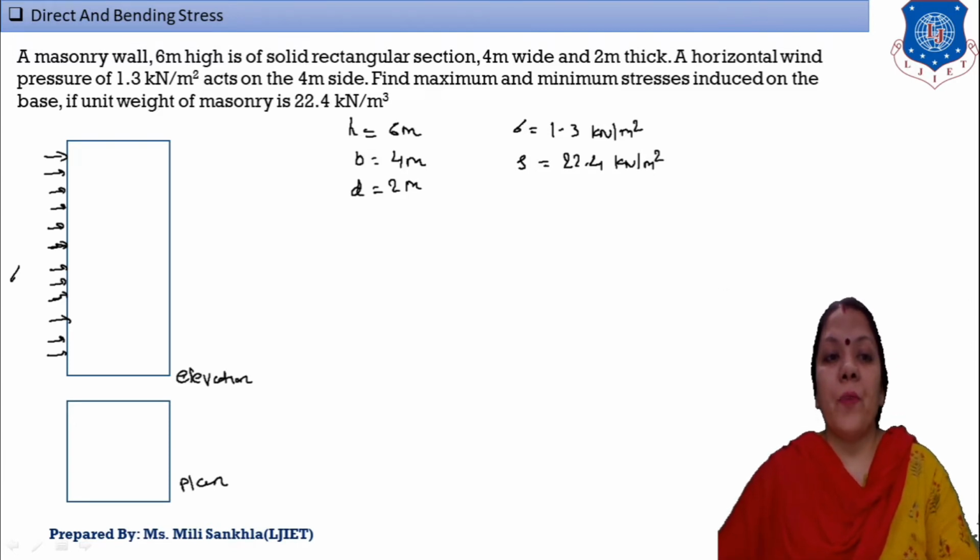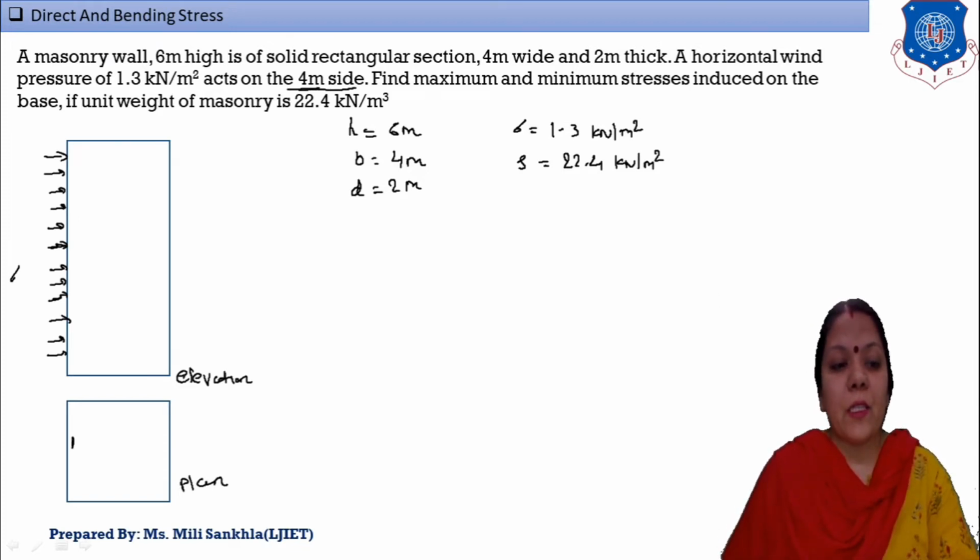Now read this: wind pressure sigma acts on the 4 meter side. That means wind pressure acts here. This is our 4 meter side and this is our 2 meter side. So this is B and this one is D, and wind pressure acts along the y-axis.